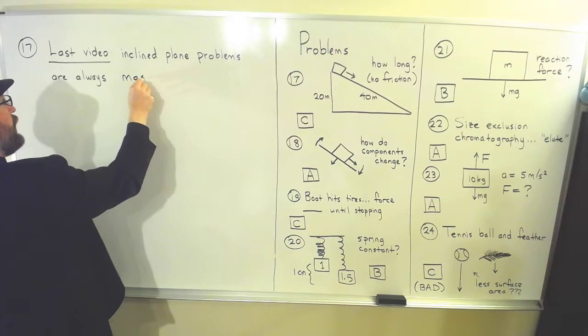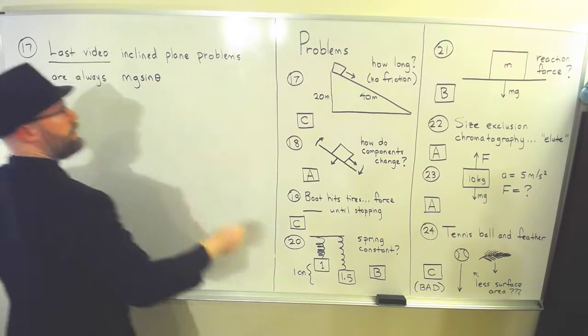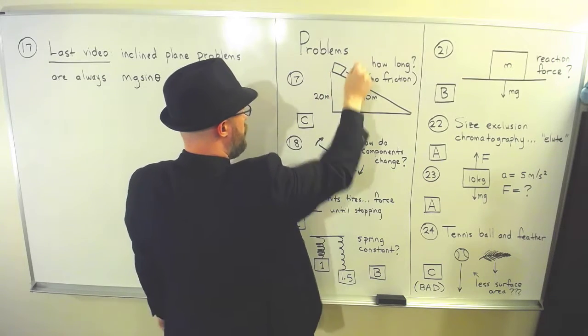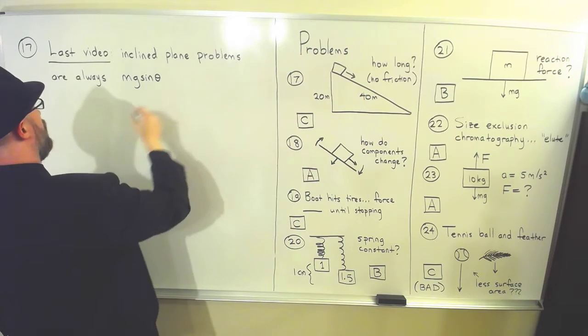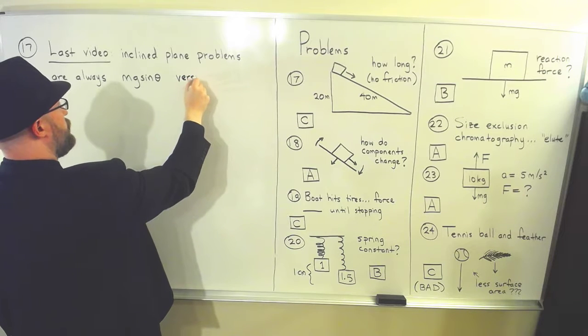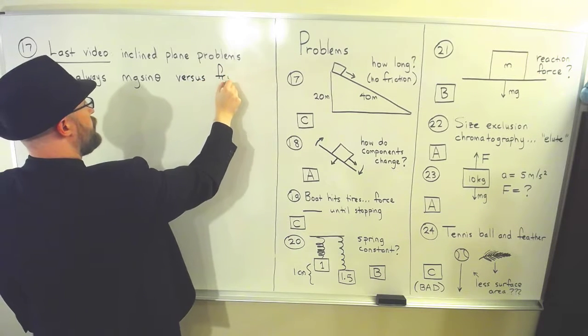One is mg sine theta, and this is the component of the gravitational force going down the plane, versus friction. Well, here there's no friction.